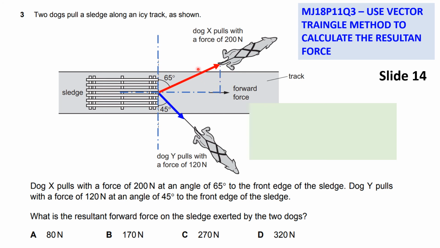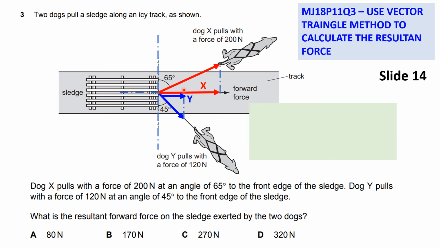I'm going to project, and this is what I have, and I'm going to call this force X. Now for this one, I'm going to project, and I'm going to call this force here Y. Please don't get confused. It's not the Y direction. I'm just calling the forces X and Y to simplify calculation.